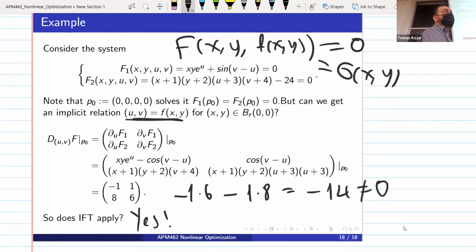Right, yeah. I didn't talk about it, but the implicit function theorem gives you this little f as well. You can even solve for it by chain rule.